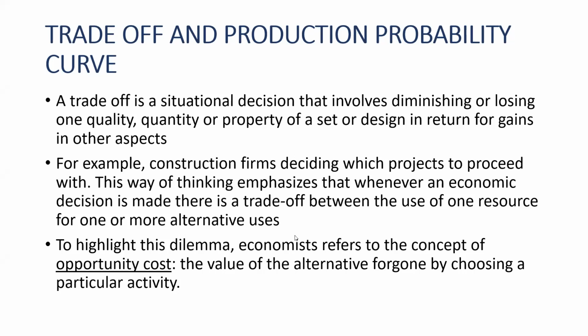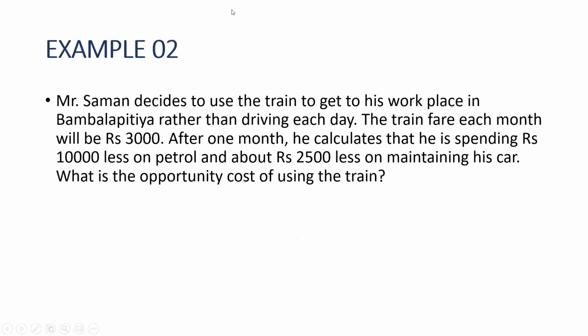So today we are straightforwardly moving into the trade-off and production probability curves. That was the part that we were unable to complete in the last lecture. As I remember, we completed up to this particular example, right? We did this example last week, right? Yes.